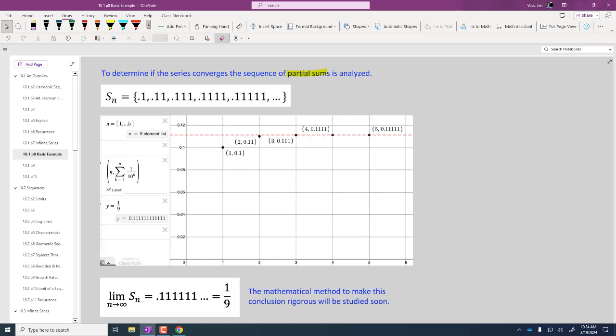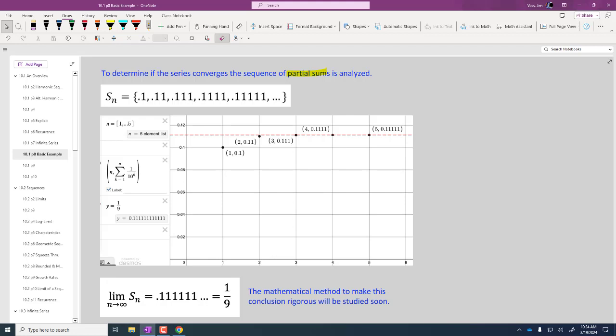The first term is 0.1, second term 0.11, third term 0.111. It looks pretty darn close to 1/9. 1 divided by 9 is that horizontal asymptote.